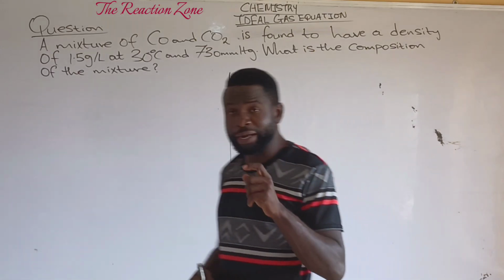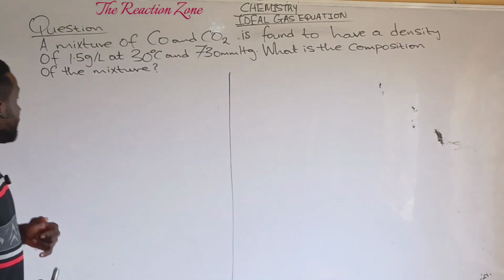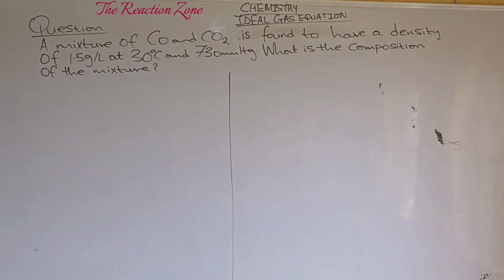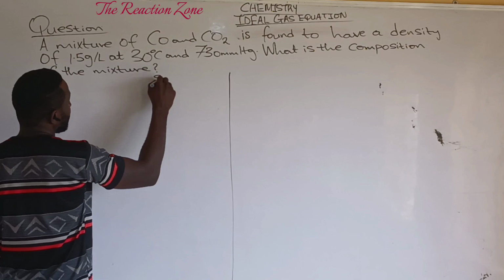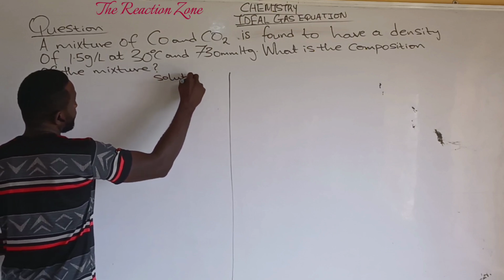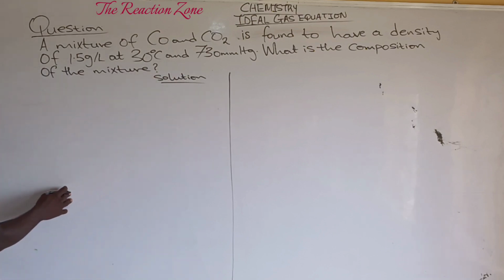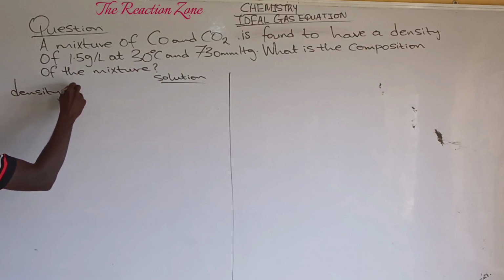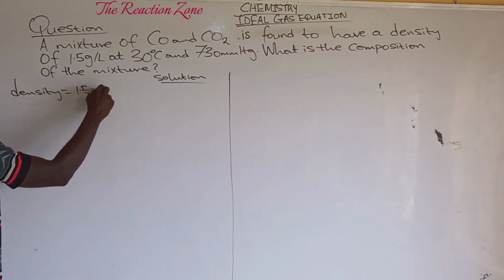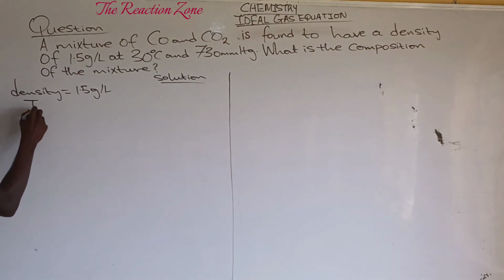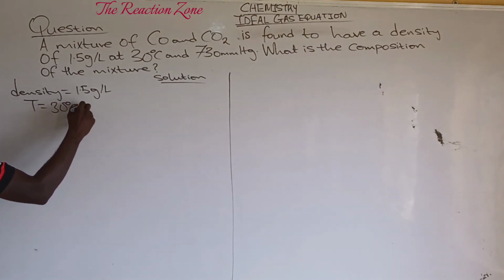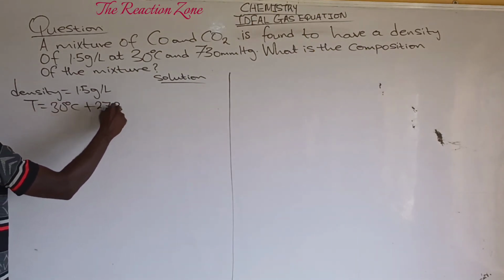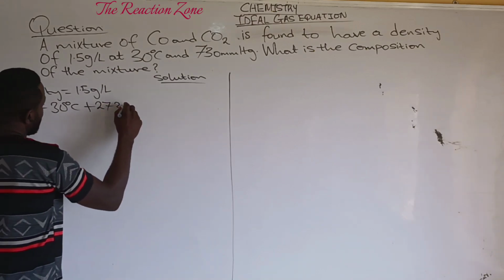For us to be able to find the composition of the mixture, the first thing we need to find is the molecular mass of the mixture. And to do that, we have to first of all itemize the information given to us in the question. Density has a value of 1.5 grams per liter. Temperature is 30 degrees Celsius, which we convert to Kelvin by adding 273.